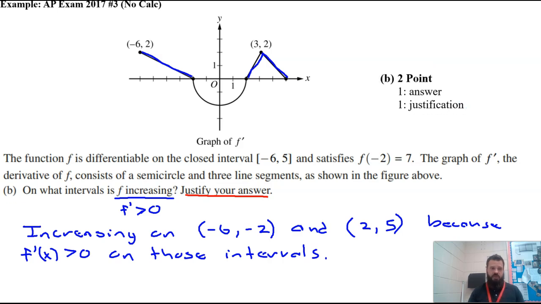Okay, so if we get those correct answers, we get the +1, the correct intervals. And then as far as the justification goes, that's the other point. Now I believe you'd need the correct intervals to get that justification point. But that second point's not too much of a stretch there. Common thing you'll have to justify.